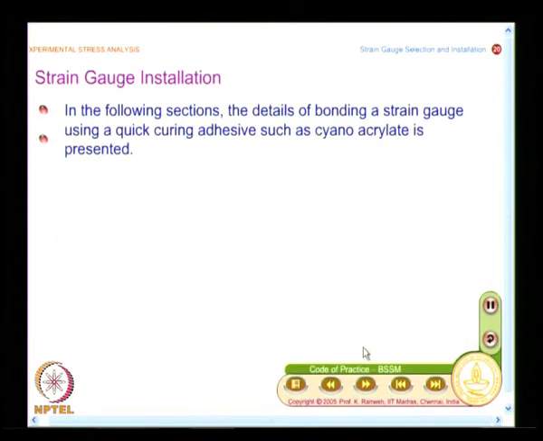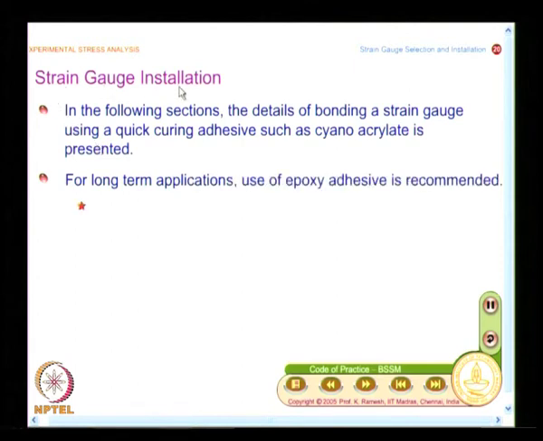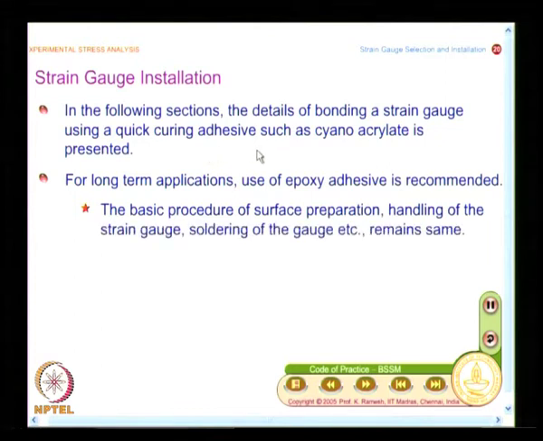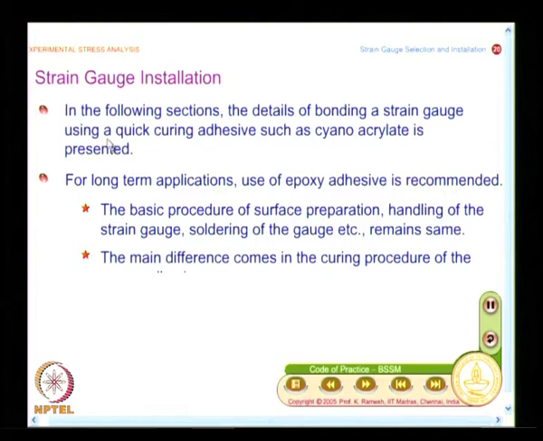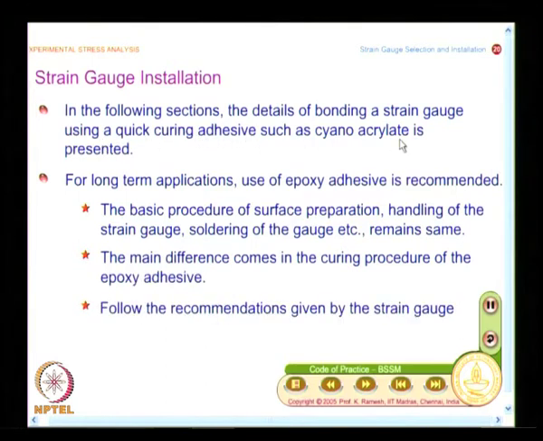So, what we are going to do is, we will look at how to do strain gauge installation, and essentially I will be discussing how to paste a strain gauge using a quick curing adhesive such as cyanoacrylate.